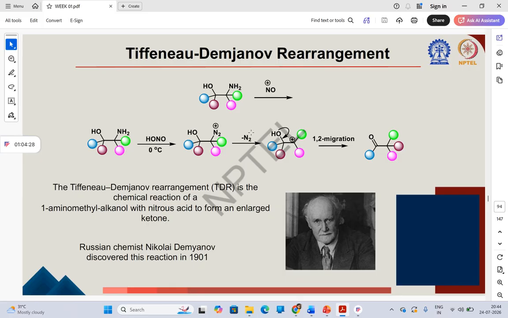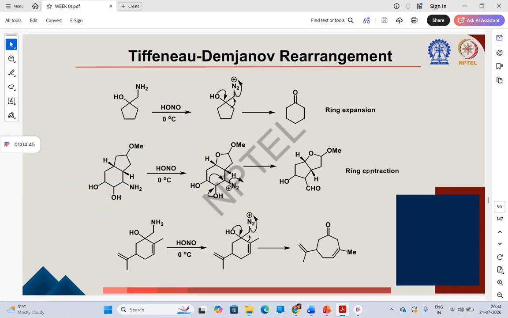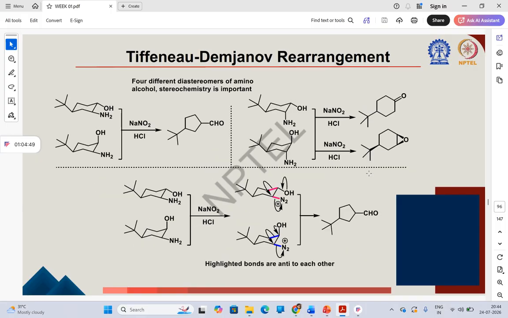After the diazo formation, it will get knocked out and carbocation formation will take place, which will undergo a 1,2 migration reaction to give the corresponding compound, similar to the semipinacol rearrangement reaction. There are a few examples you can solve yourself.